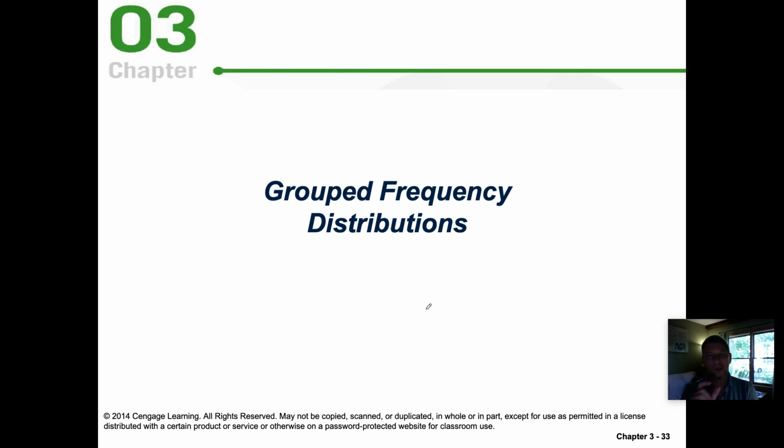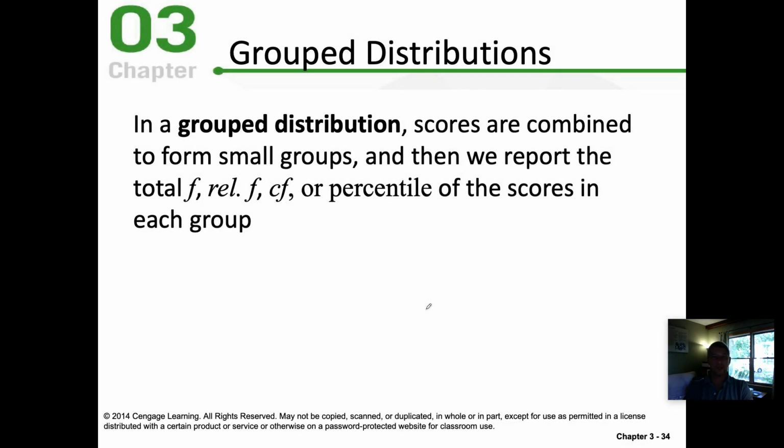And so rather than having 100 numbers to calculate frequencies for, now you've only got 20, because you've grouped them in groups of 5. So 0 to 5, 6 to 10, 41 to 45, 51 to 55, and so on. Each of those would represent a group.